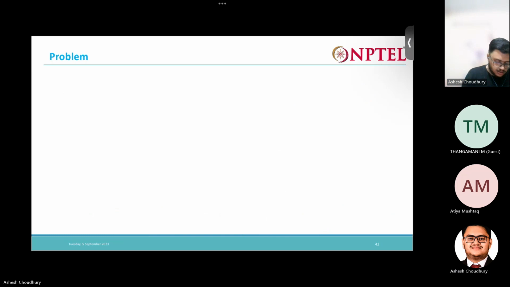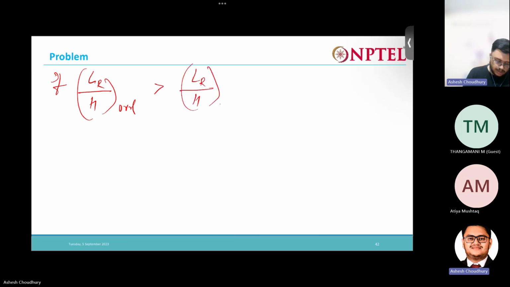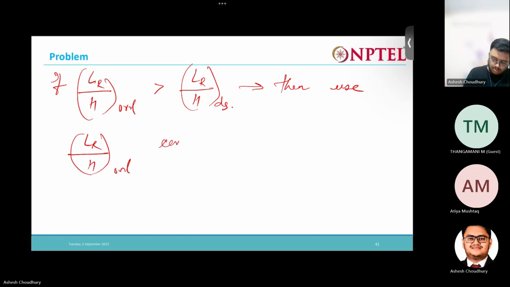Now, if LR by H overall is greater than LR by H direct sliding, then use LR by H overall as constant length throughout.